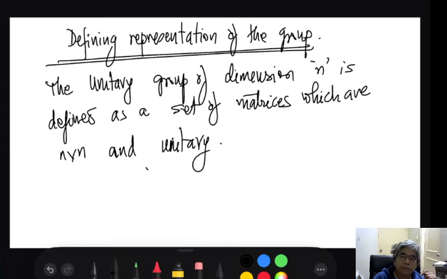U2 is defined in terms of 2 by 2 matrices which are unitary. U3 is defined in terms of 3 by 3 matrices which are unitary. So you are using a representation itself to define the group.